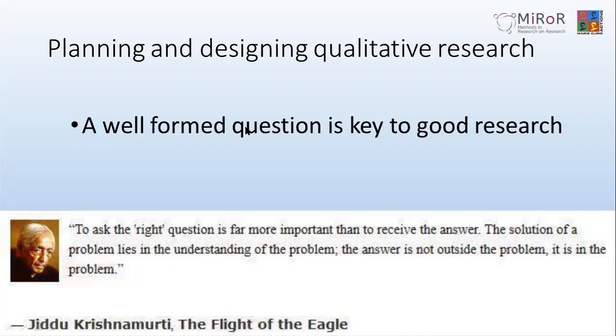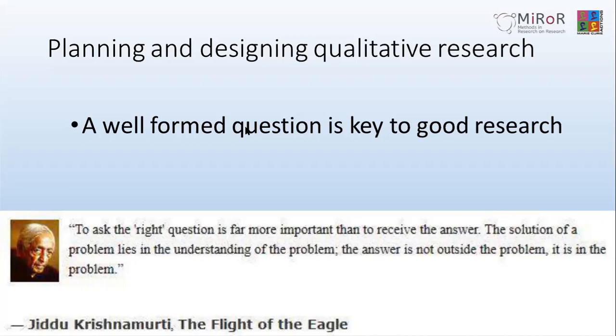And in the contemporary times, when I say contemporary times, in the past 2 years I'm seeing that serious attempts are being made towards this kind of qualitative research also. So first and foremost, always remember we are not talking about the objectives of the qualitative research here. First and foremost, if you have to start off with a good qualitative research, that means you should have a good research question.